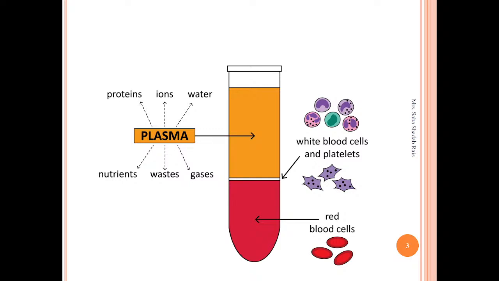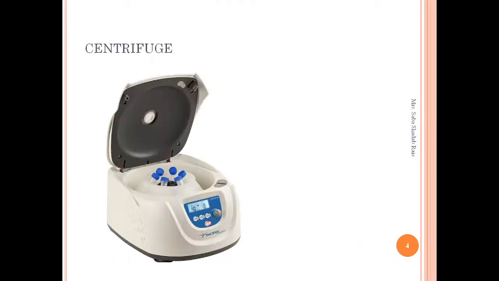For separation, the heavy materials like the red blood cells and other heavier components need to settle. Yes Huda, we can separate it by sedimentation, but which machine can we use? We can separate it by the process of centrifugation.